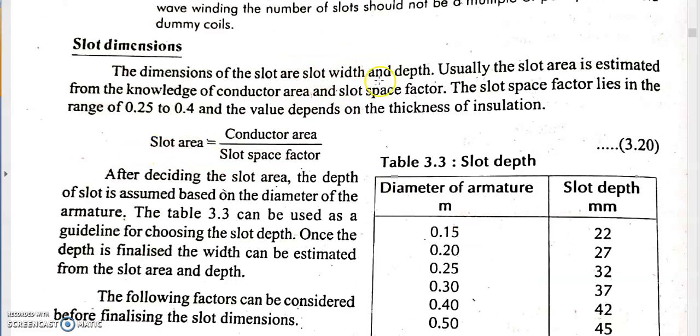Depth we are assuming, and slot width we will be calculating by knowing the slot area. So once the slot width is finalized, we will be calculating the tooth width by knowing the slot width, because slot pitch is the width of slot plus width of tooth. Slot pitch is already known to us. So we calculate the slot width so that we can calculate the tooth width.